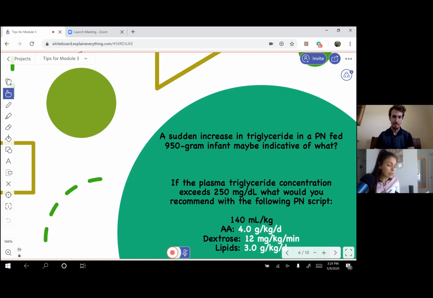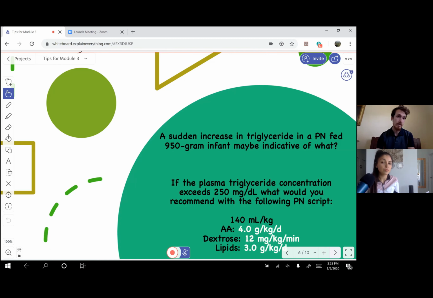All right, Nick. So we have a sudden increase in triglycerides in a PN-fed 950 gram infant. May be indicative of what? Well, since the infant is being fed lipids, we wouldn't be surprised that their triglyceride levels tend to fluctuate during that period. Recent research suggests that triglyceride levels of less than 250 milligrams per deciliter would be okay.